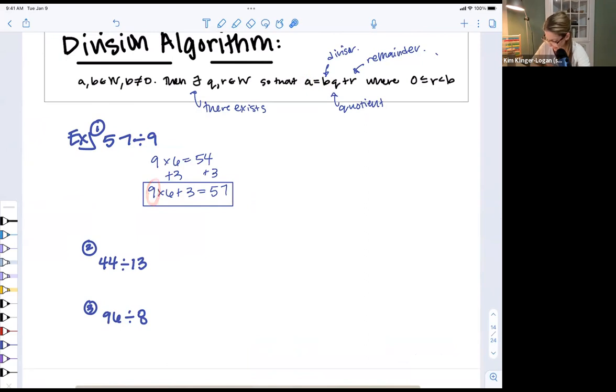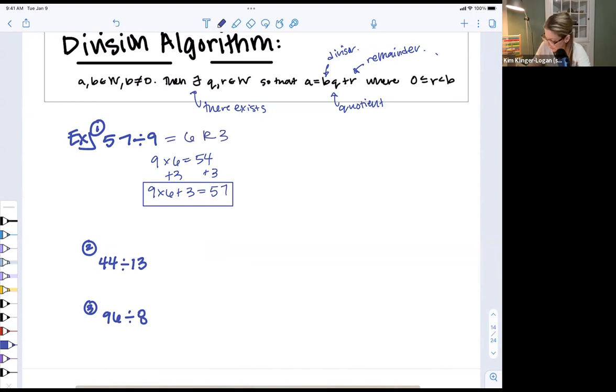It's less than 9. So I could have chosen other numbers besides 6, like 5 here, but then I'd have another 9 to add, so the remainder would be 12, and that would be too big. So this is a unique way to write this. What this tells me is that this is 6 with a remainder of 3.